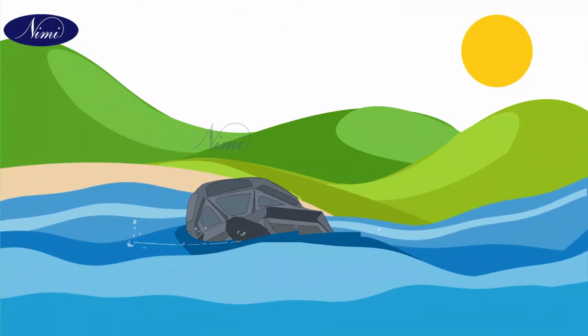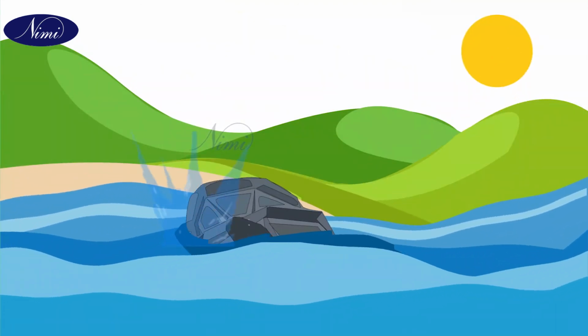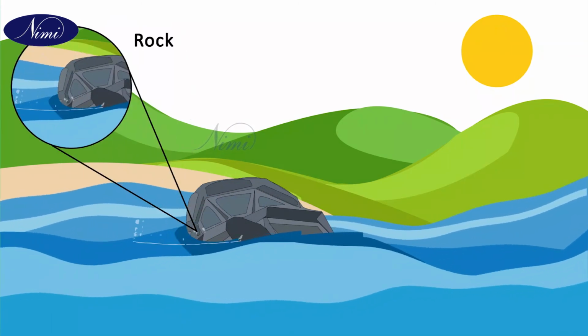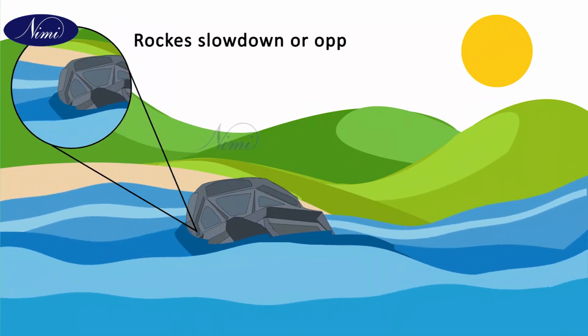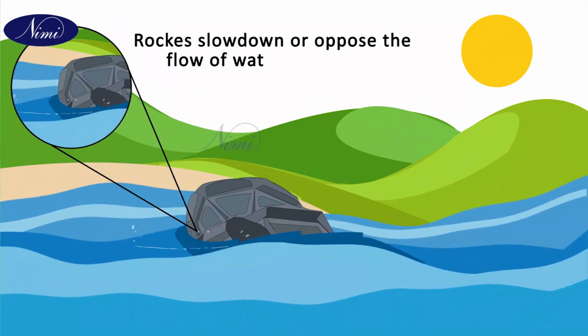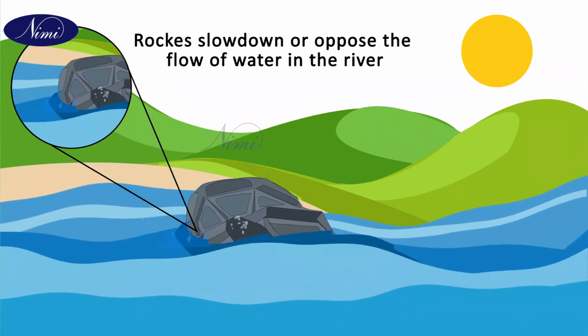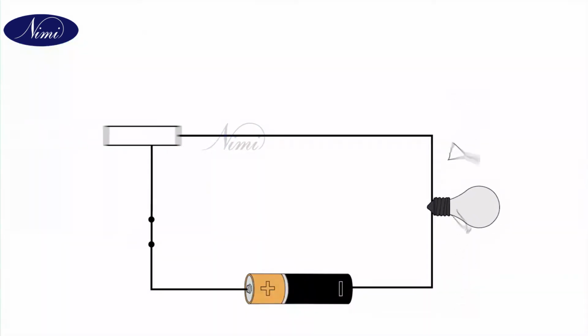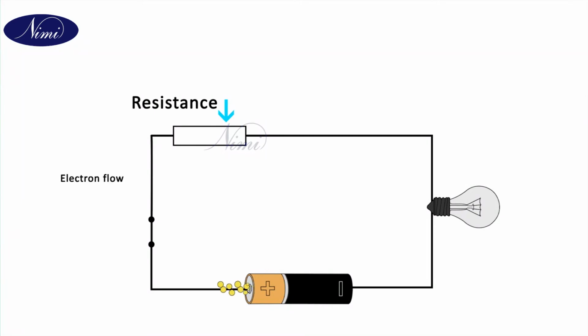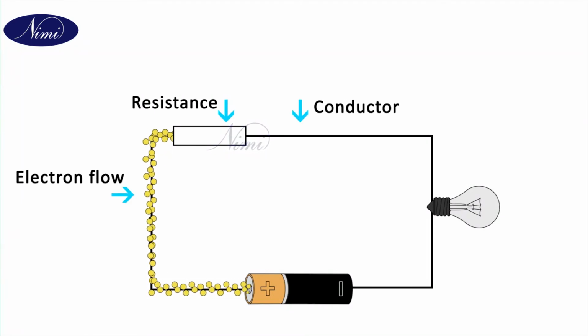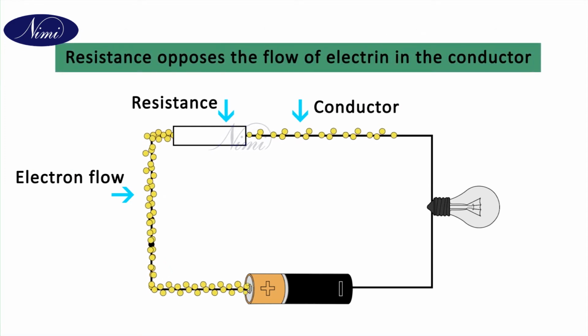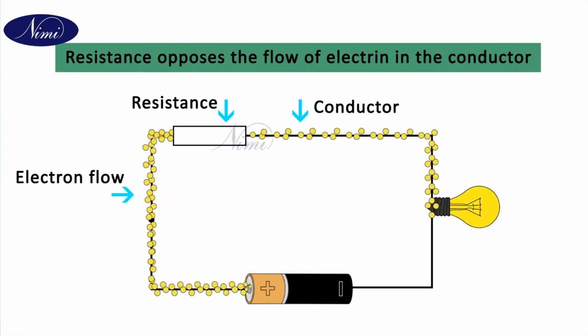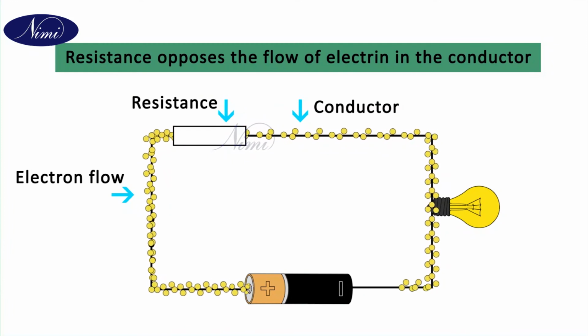In this example, you could see a river containing a rock. This rock will slow down or oppose the flow of water in the river. Same way, resistance will behave like a rock in the conductor. It will oppose the flow of electrons in the conductor.